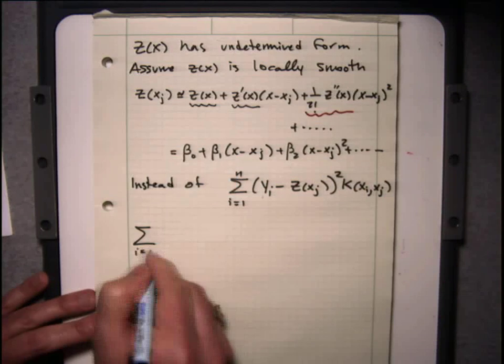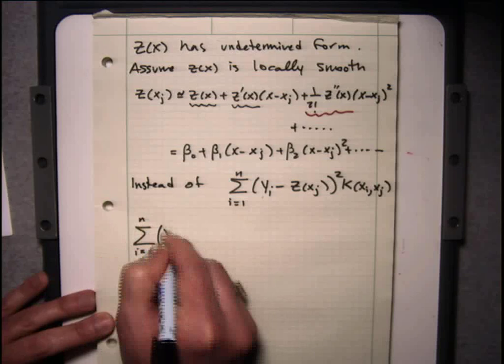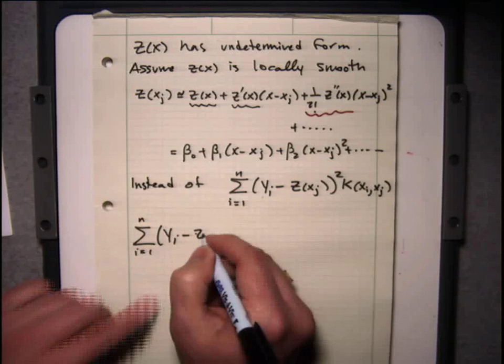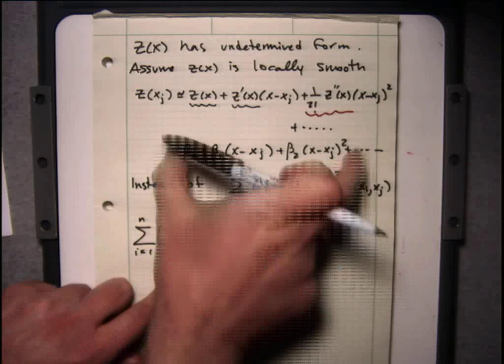Sum i equals 1 to n, yi minus, oops, sorry. Well, I'm going to plug this in here.